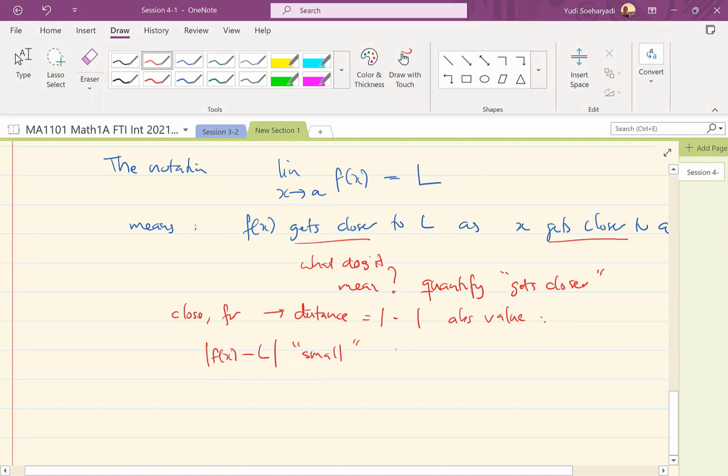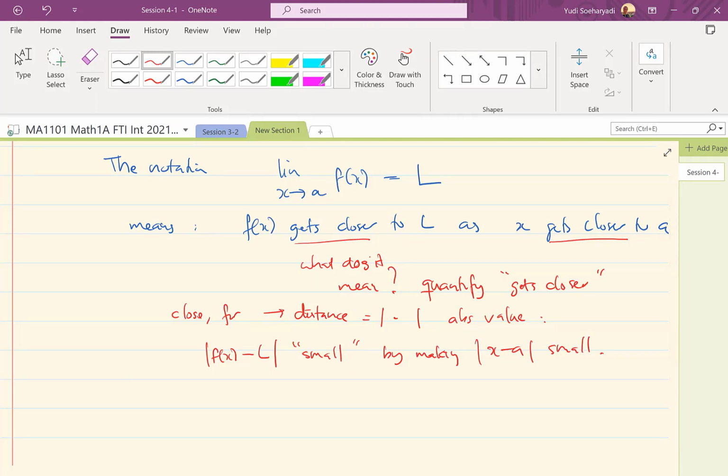We need to quantify that small. How to make it small? By making x get closer to a, meaning x minus a small. Okay, so how small? The thing is, it can be arbitrarily small.